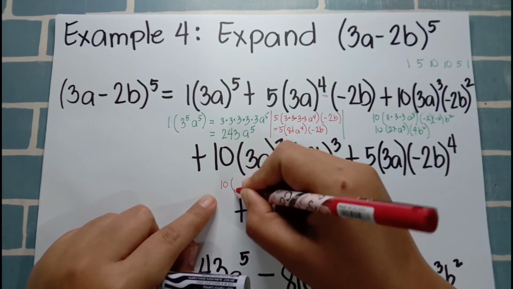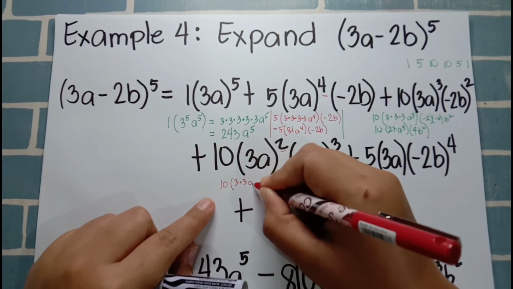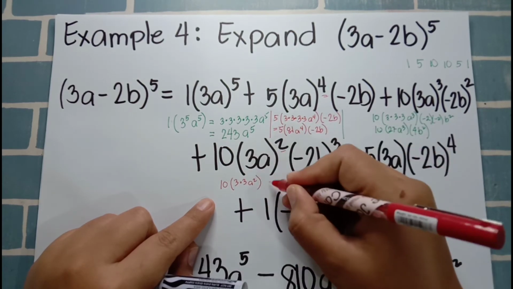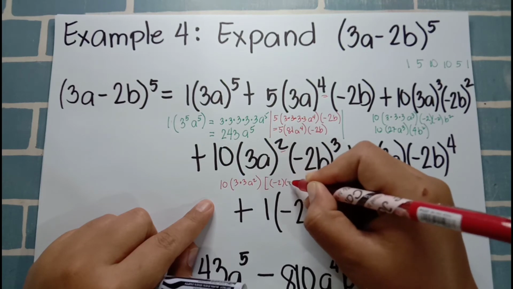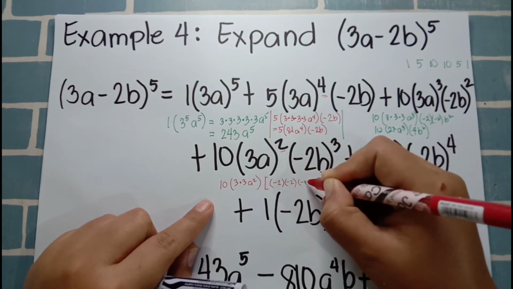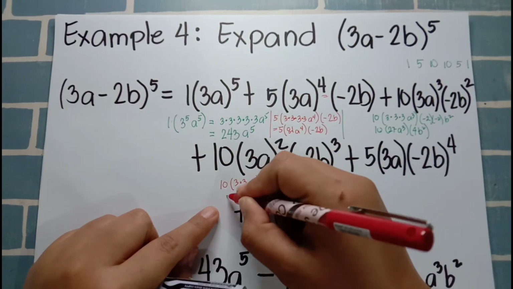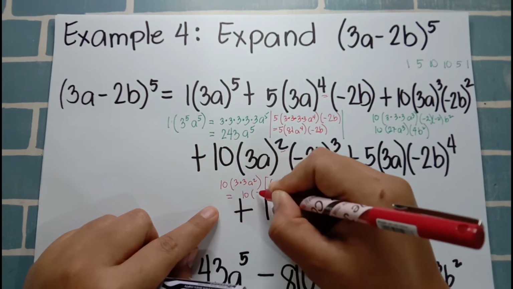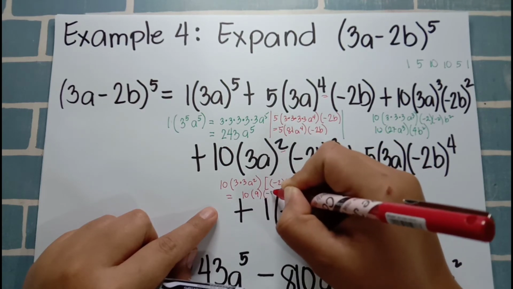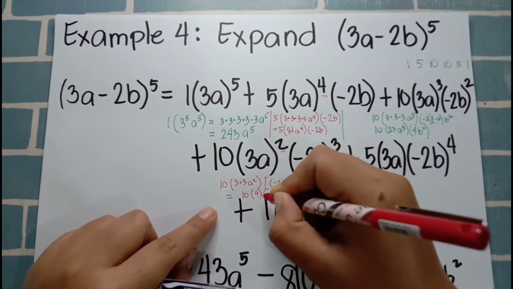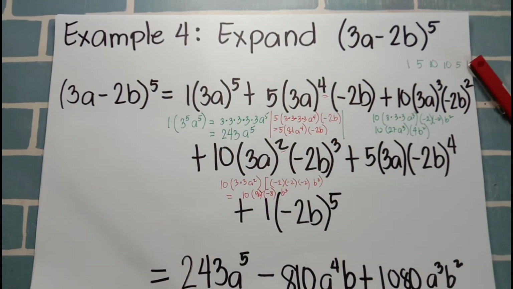Next, 10 times 3 squared is 3 times 3, a squared, times negative 2 cubed, which is negative 2 times negative 2 times negative 2, b cubed. 10 times 9 times negative 8, so may a squared dun, b cubed.